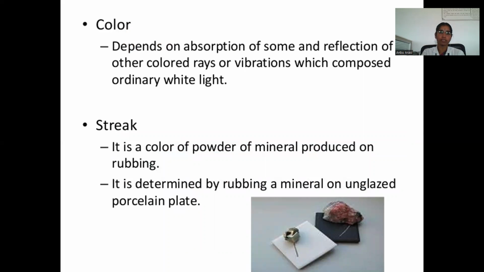Next, streak. What is the difference between color and streak? Let me again explain what is meant by color. Color depends on absorption of some and reflection of other colored rays which compose ordinary white light. But streak is the color of the powder of a mineral produced on rubbing. It is determined by rubbing a mineral on an unglazed porcelain plate.